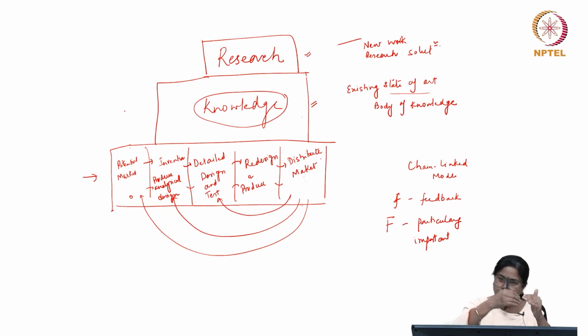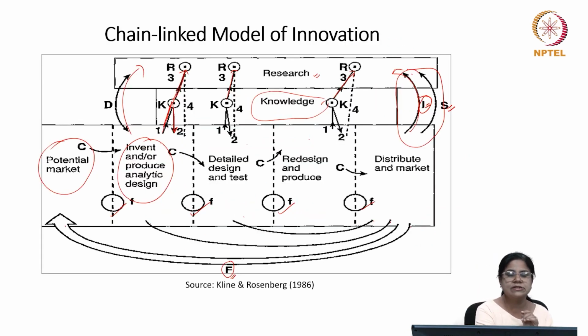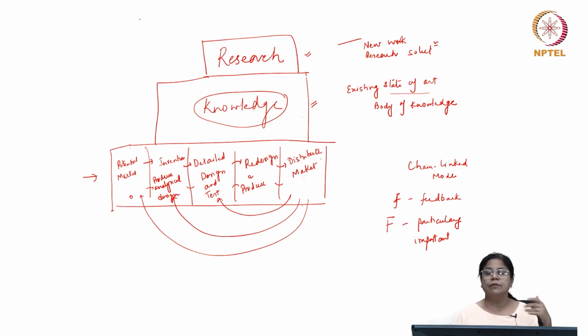So first we said that all the different 5 steps which are engaged are now linked with each other. That is what we have through this C, which is the major reason behind the use of the word chain in the chain-linked model. So they are linked. Then, since the model builds on a major critique of the earlier model, that there was no feedback present in the earlier model, it introduces feedback.